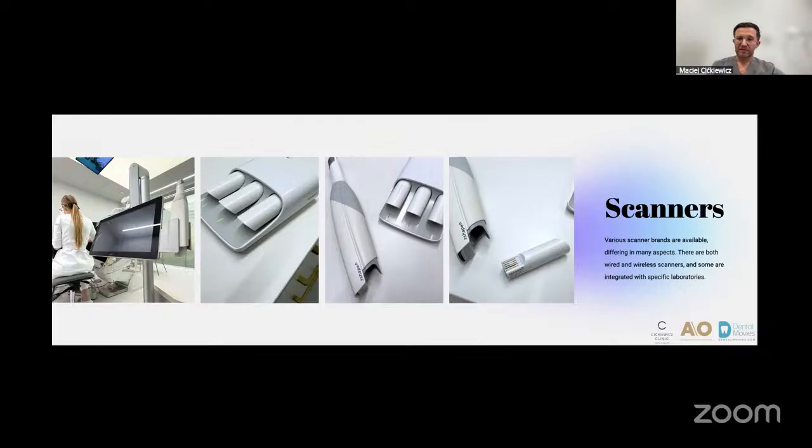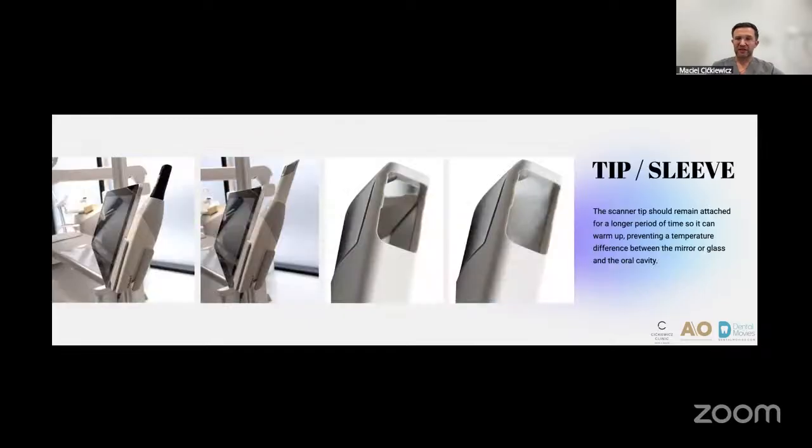The other problems appear if the sleeve or the tip, however you call it, is very cold, and you don't have so much time to warm up the head of the scanner.